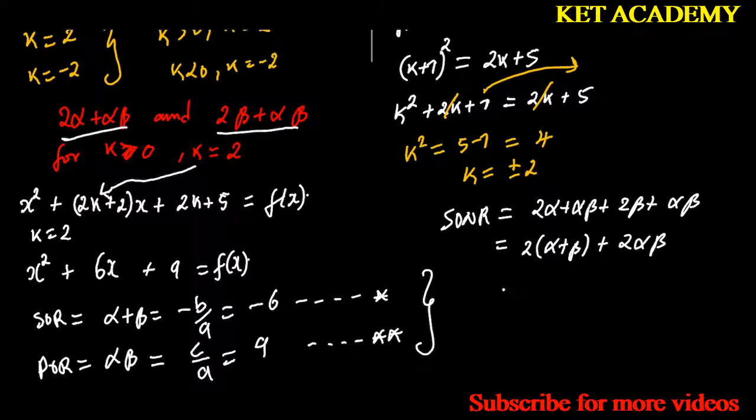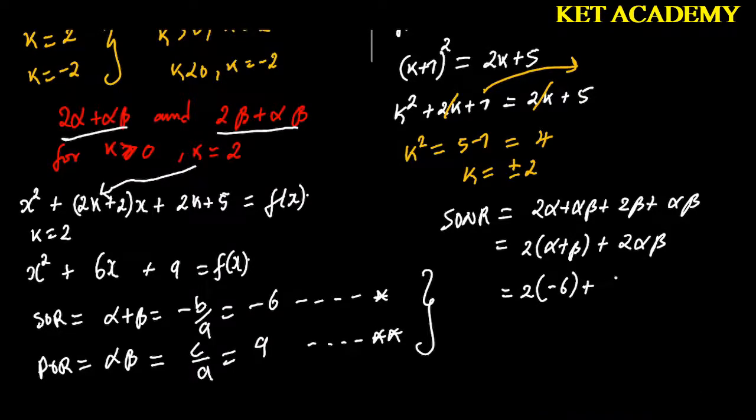We see clearly that here we have sum of roots, which is negative 6, so negative 6 plus 2 into product of roots. Our product of roots is 9. So we're going to have minus 12 plus 18, which will give us 6.